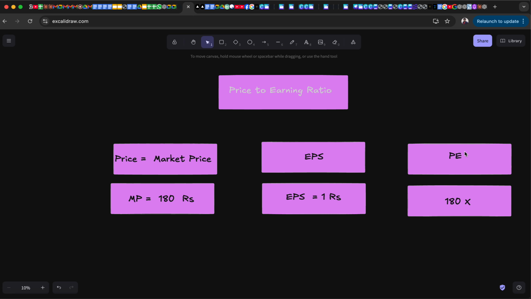So what it means is the PE ratio is higher.